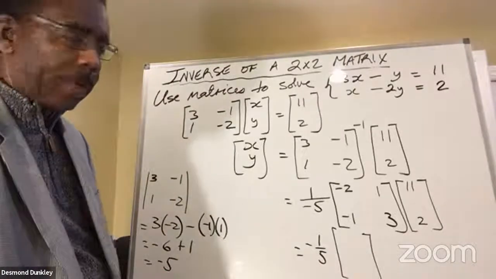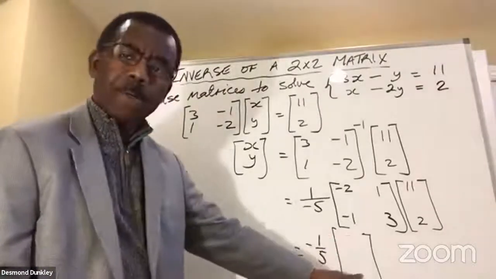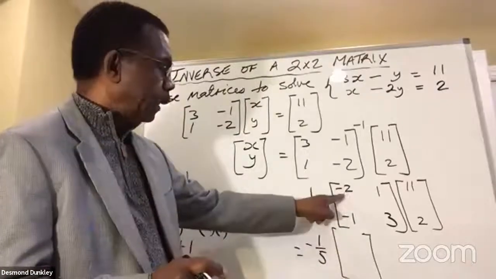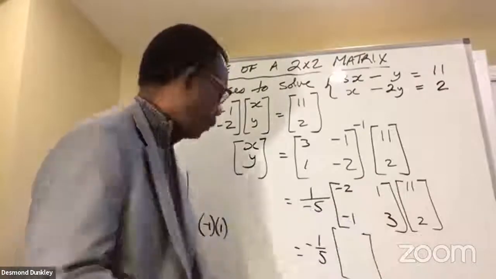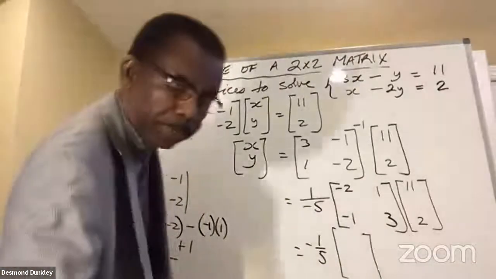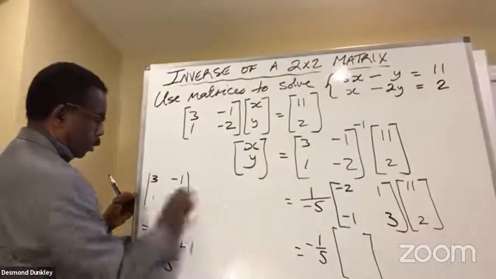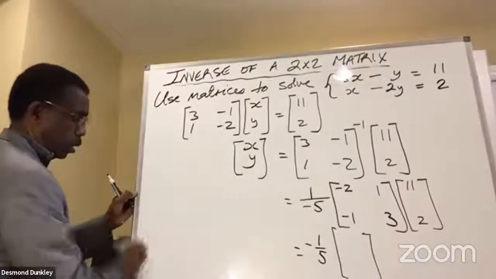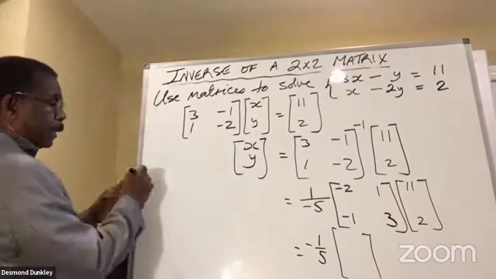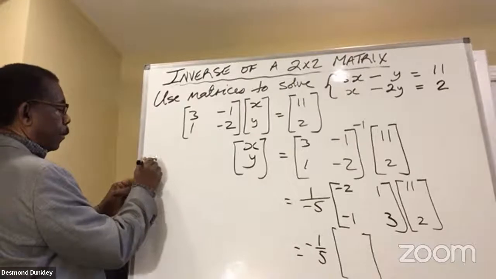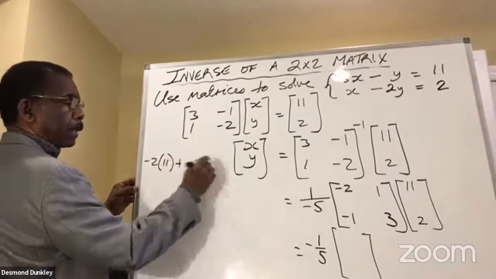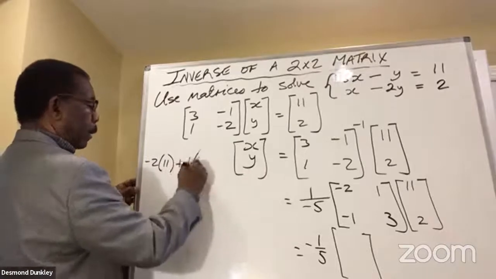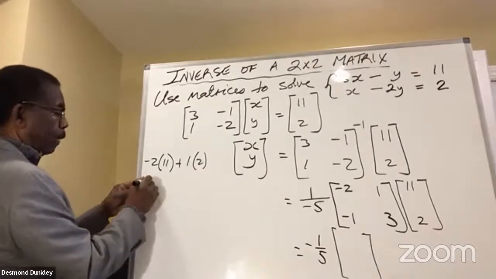And what are the values that will go here and here? Ready? Negative 2 times 11 plus 1 times 2. So I need some space. So it's negative 2 times 11 plus 1 times 2. What is that going to be?